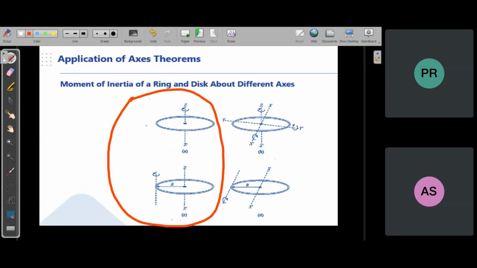In case of a ring, let's say the mass of the ring is m and radius is r. Let's say these two things are known to you. You already know that if mass is m and radius is r, the moment of inertia of a ring about an axis passing through center and perpendicular to the plane is m r square, right?